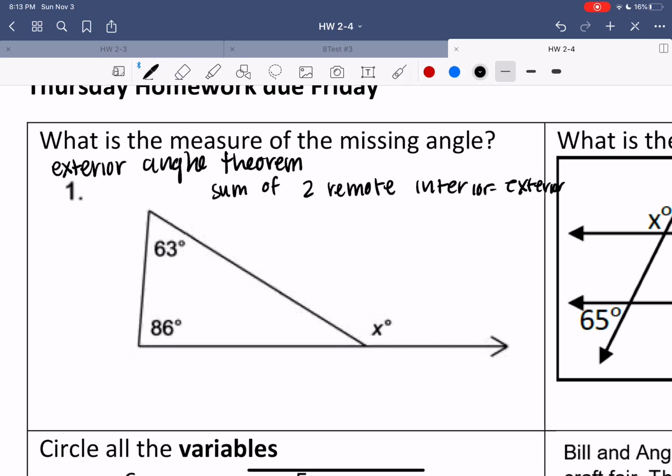So that will mean you have to identify your remote interior angles, and then your exterior angle is right here.